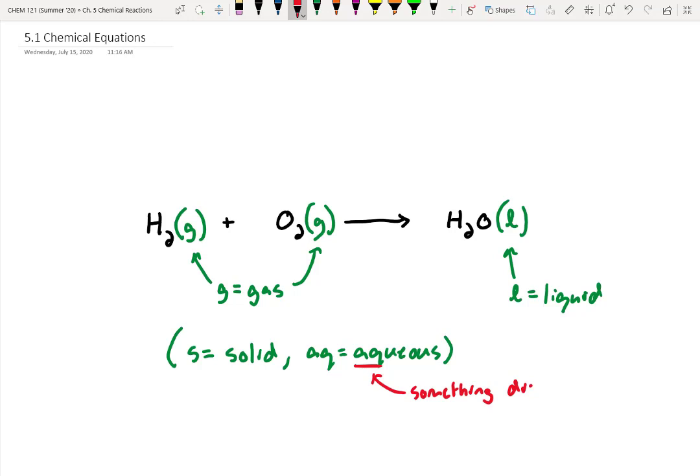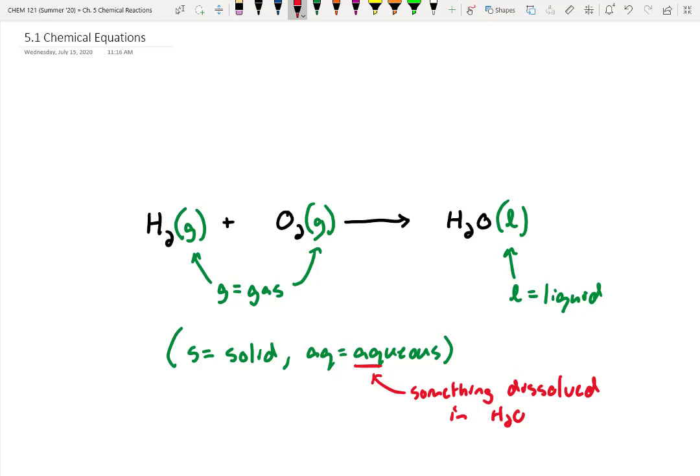So let's just write this down. All right, so we want to always include these states just to be really thorough to our reader to indicate what we're doing during this chemical reaction. So this is specifically stating to the reader that we're combining hydrogen gas with oxygen gas to create water, which is going to be created in its liquid state.